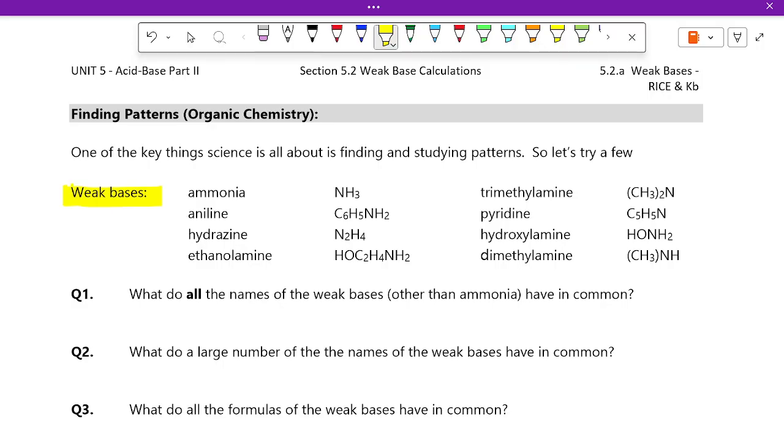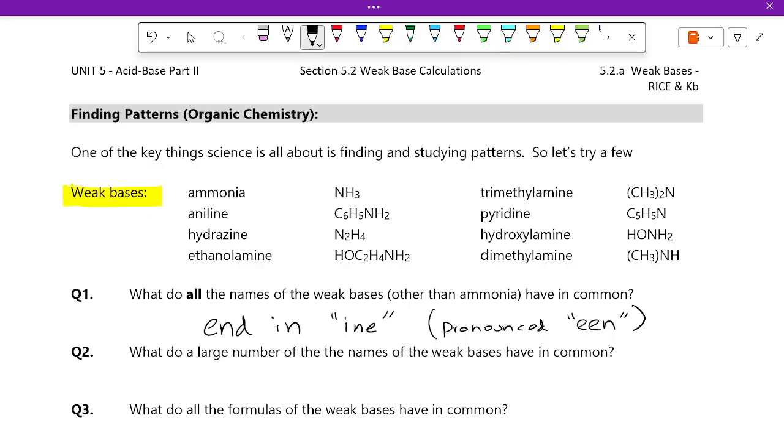What do all of the names of the weak bases, other than ammonia, have in common? They end in INE, pronounced "een." So we have aniline, hydrazine, ethanolamine, trimethylamine, pyridine, hydroxylamine, dimethylamine.